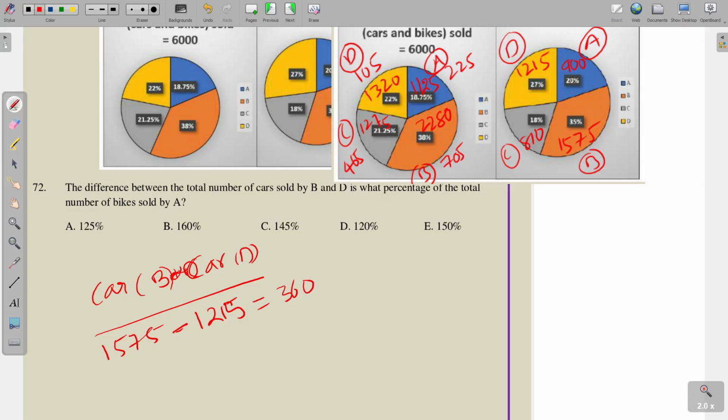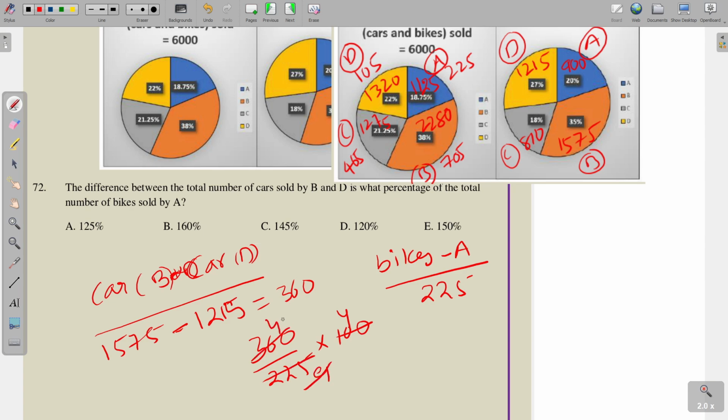It is a percentage of the total number of bikes sold by A. Bikes sold by A is 225. So, in this 360, how much percentage of 225? It comes to 160 percentage. That is our answer for this question.